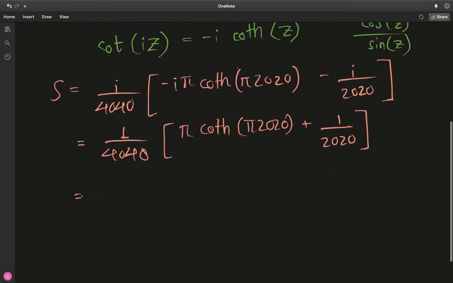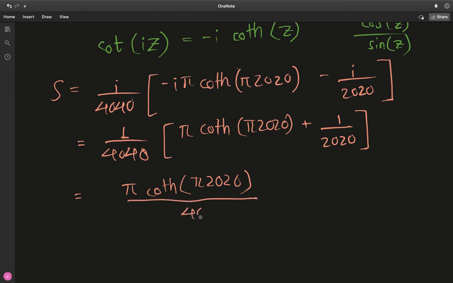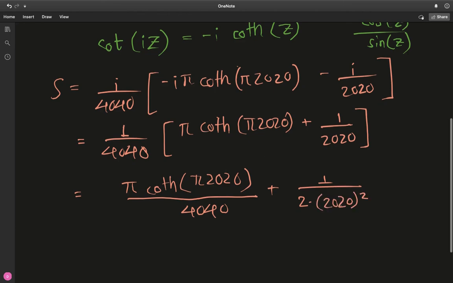Now let's expand everything properly. So we have pi times coth of pi times 2020 divided by 4040 plus 1 over 4040, which can be written as 2 times 2020, and this 2020 will make a 2020 squared.